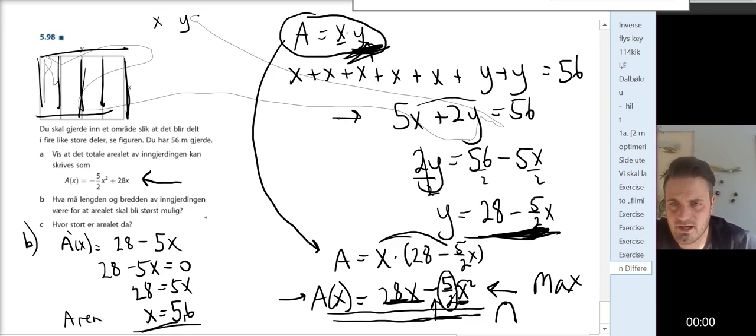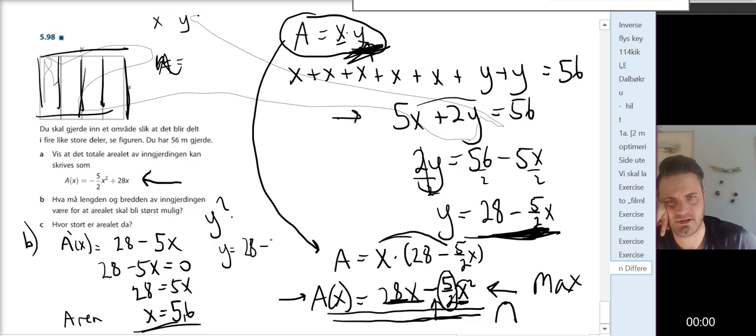So the area is maximized if x is 5.6. But we should also find what y is. We know that y equals 28 minus 5 over 2 times x, and x is now 5.6.